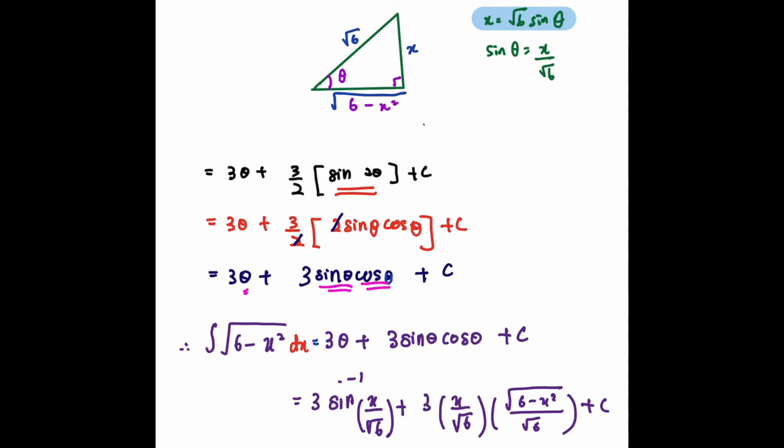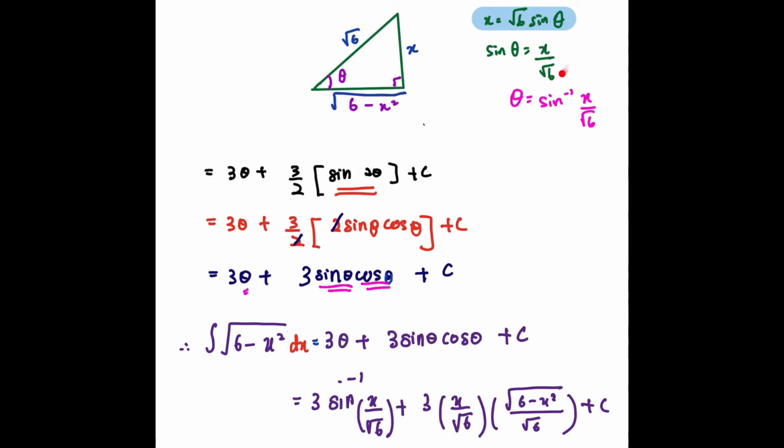So now let's back substitute everything in terms of x. So you have 3 theta. Let's open up our theta from here. If your sine theta is x over root 6, therefore your theta will be inverse sine x over root 6. So let's rewrite that here. Plus 3. And let's write our sine theta. We already have here. Sine theta is just x over root 6.